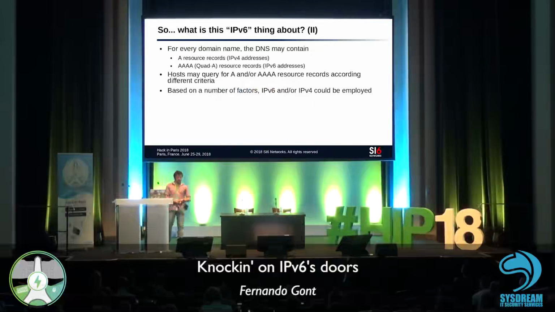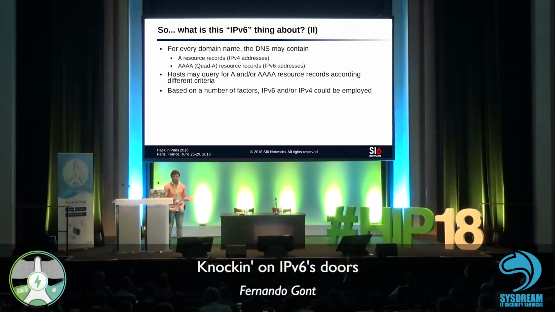The last bit of background is that if you have a system that is dual stack and you want, say, to visit a website hosted on that node, you will usually have A and quad A records. A records obviously hold the IPv4 addresses that we all know, and quad A records are the ones that hold the IPv6 addresses.